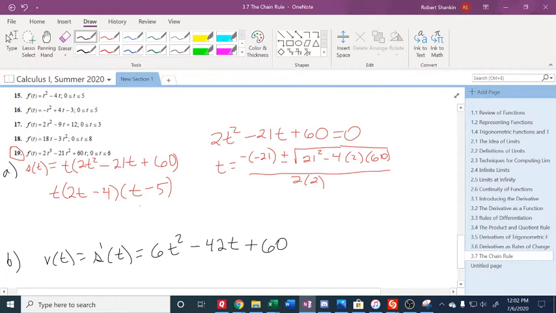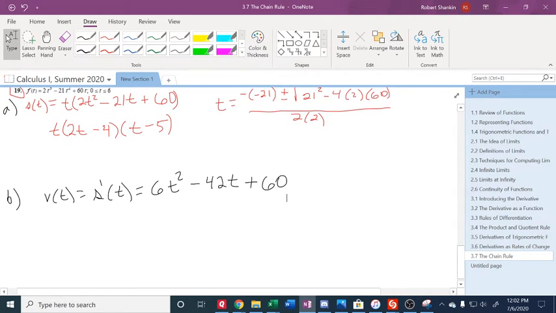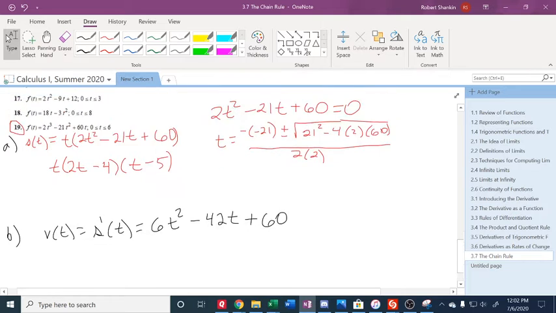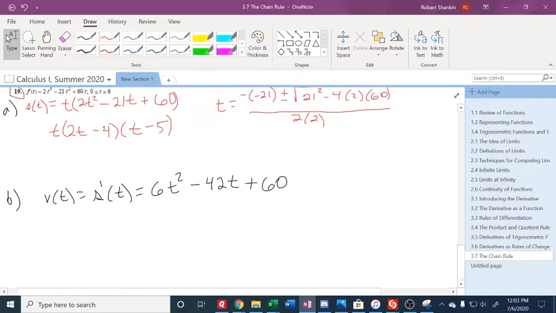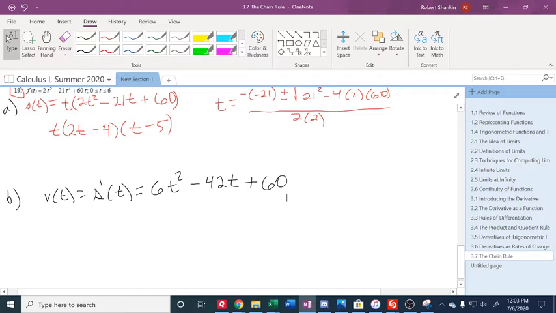All right, so then it says find and graph the velocity function. When is the object stationary, moving to the right, moving to the left? This is my velocity function, and I can factor out a 6 right away: t squared minus 7t plus 10.